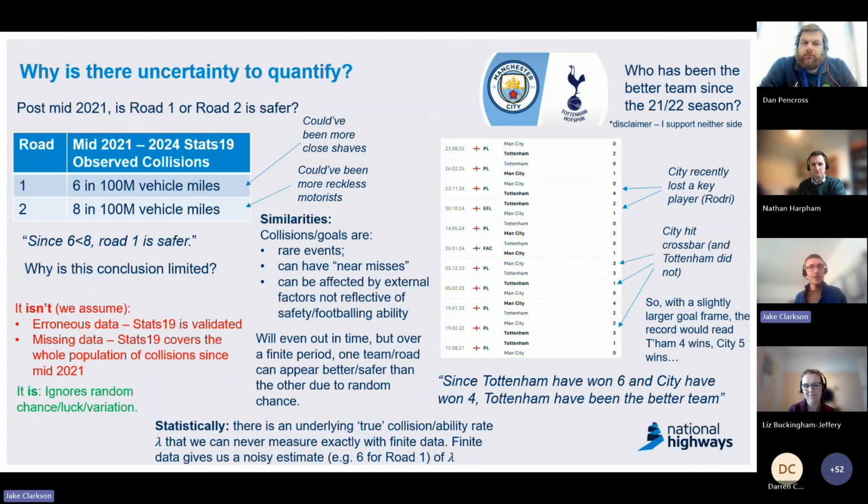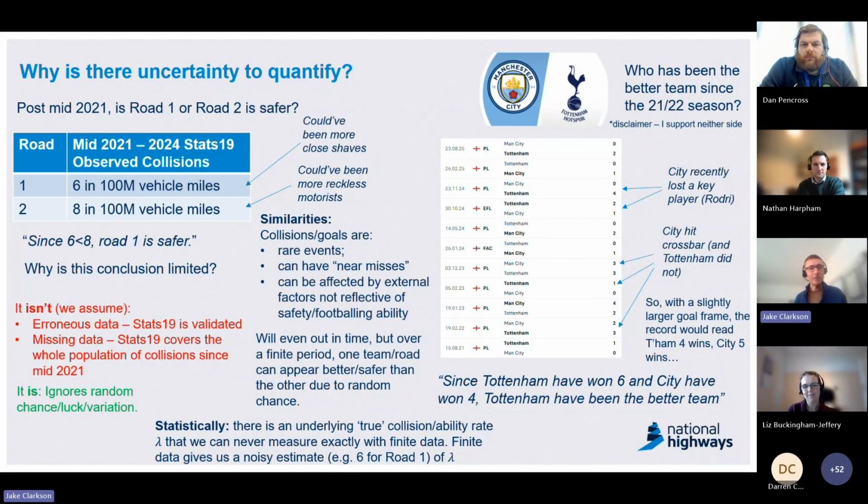But first, just to demonstrate one element of this random chance and luck, I did a little bit more digging into these matches and found that in 3 of the older matches, City hit the crossbar, the frame of the goal, with a shot, whereas Tottenham did not. And if you look at the results in those matches, if that shot that hit the crossbar had gone in, it would have overturned the result, either from a Tottenham win to a draw, or in one example, from a draw to a Manchester City win.